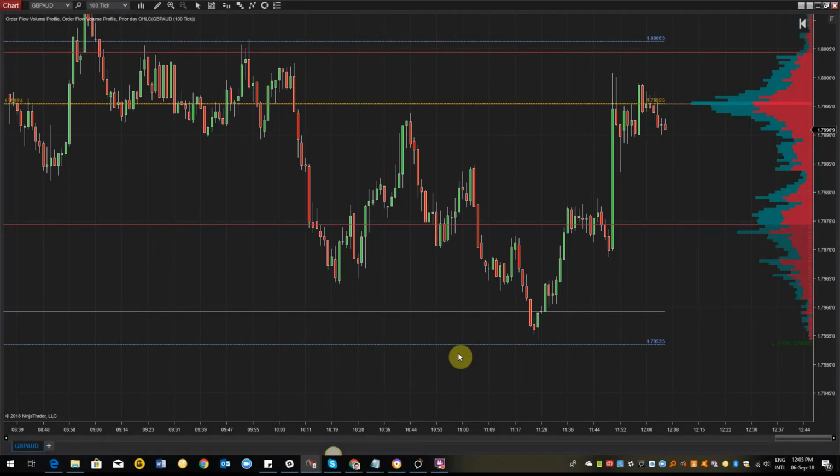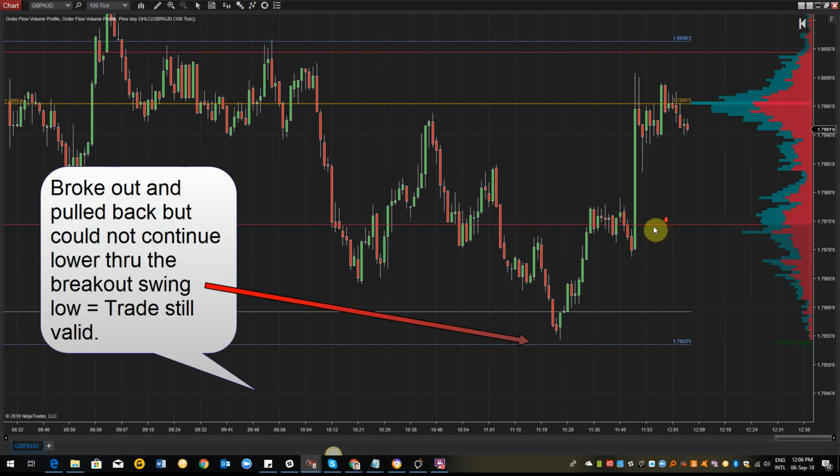Okay, welcome back, guys. So what we had is the trigger into the trade, and then we had just a penetration back down again to test this level. So we've had a very strong rejection of this level now. So this trade's looking good. It's going in the right direction.